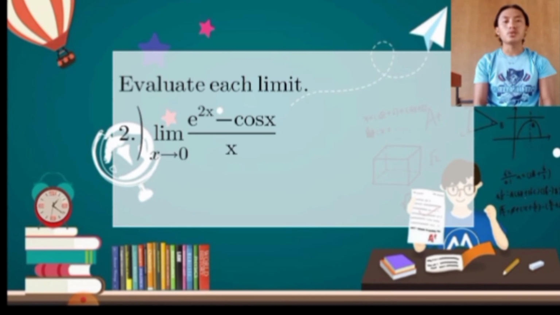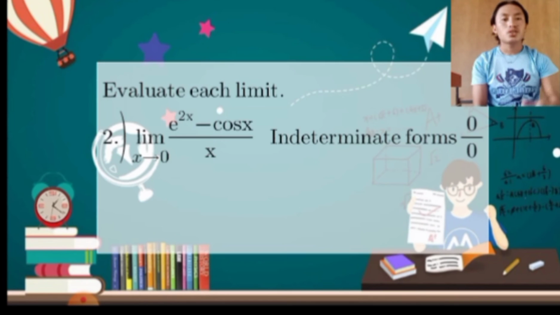So another example, evaluate the limit as x approaches 0 of (e to the power of 2x minus cos x) over x. As I said, we need to identify first what type of indeterminate form. In this example, the indeterminate form is 0 over 0.